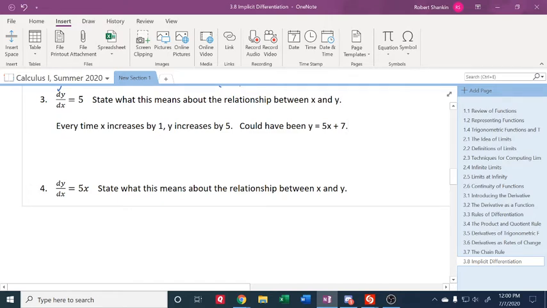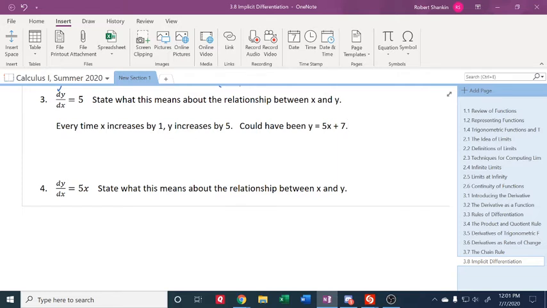So that also would have been my instinct. I would have just interpreted this the same way I interpreted this, except we have this extra x in there. And what in the world? State what this means about the relationship between x and y when it has this extra x in there.